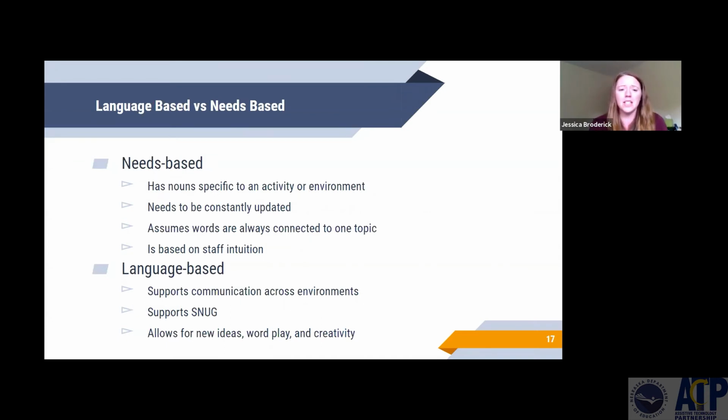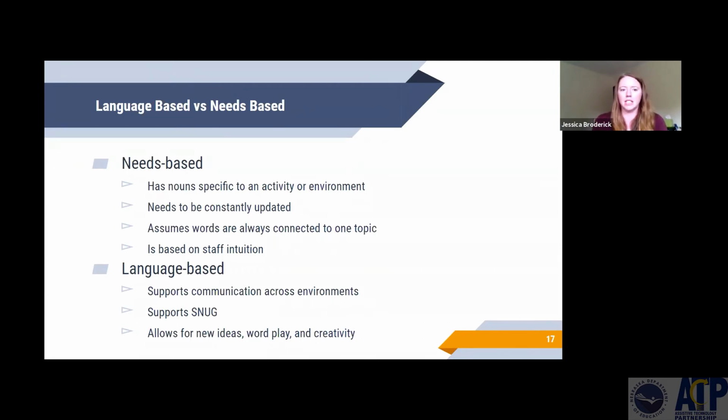The problem with the needs-based system is that it has to be constantly updated, and it assumes that words are always connected to one topic. If we're talking about the word more, you could use the word more in almost every environment, so you would have to have programmed more in every single folder or activity or page you're making.